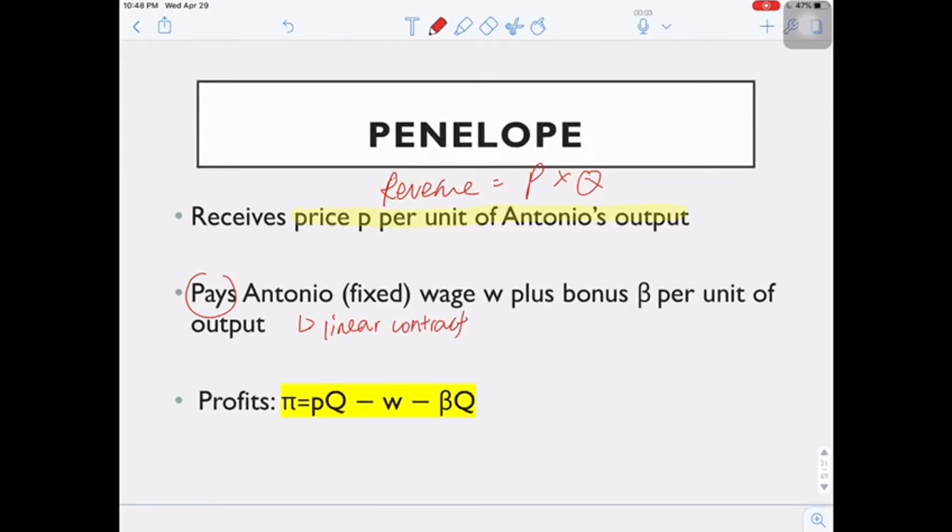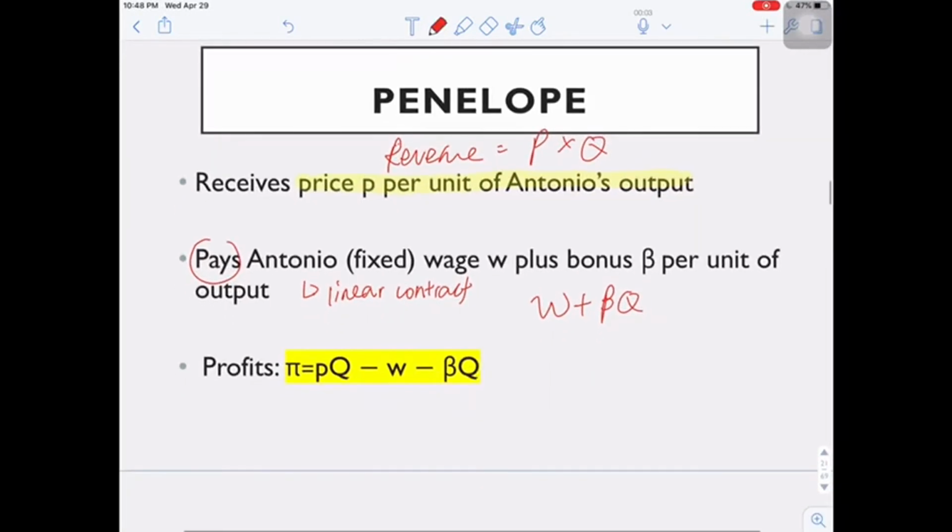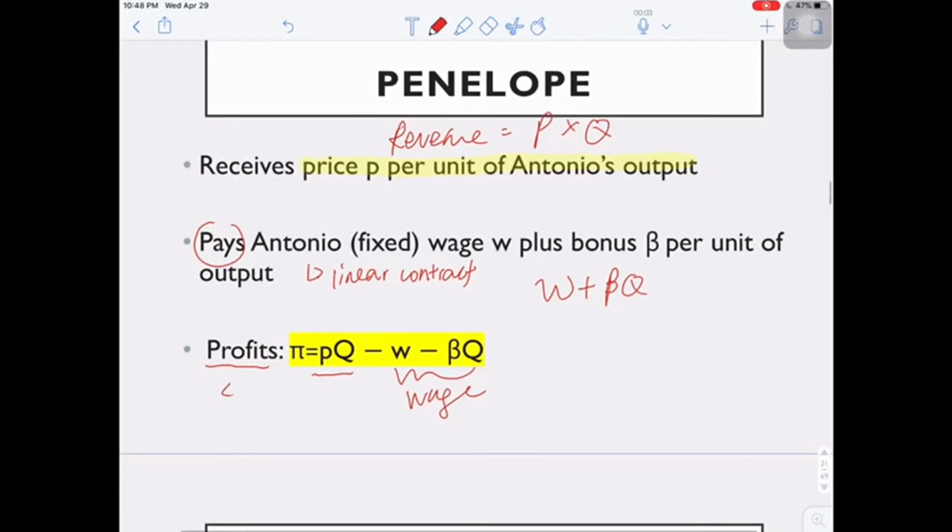So Antonia will receive a wage from you, which consists of a fixed wage W and the bonus per unit of output. So in the end, the profit that you will receive as a principal is only the revenue minus the wage that you have given to Antonia. So this is our profit function as a principal.